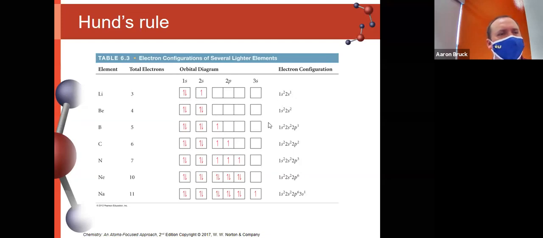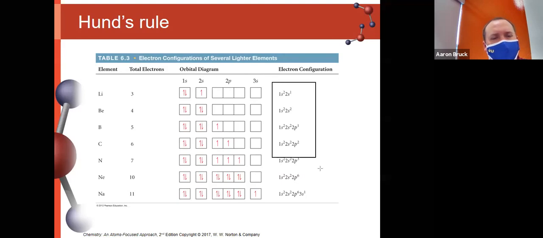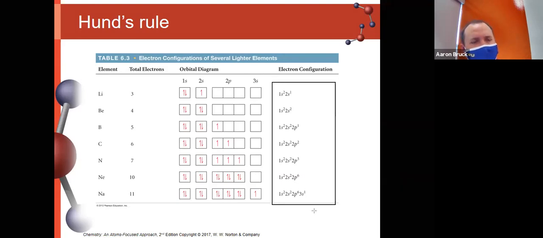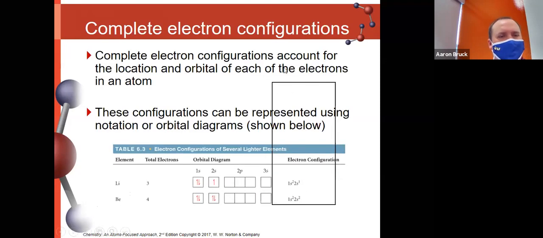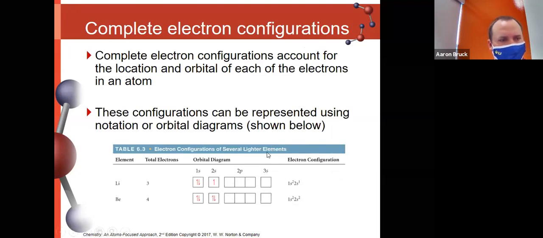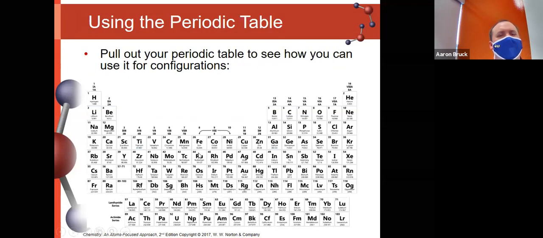But when it comes to electron configurations on the whole, where do we get these? How do we quickly come up with this kind of a configuration? And the answer to that question ultimately comes down to the periodic table. So if you have your periodic table on you, I encourage you to pull it out again.